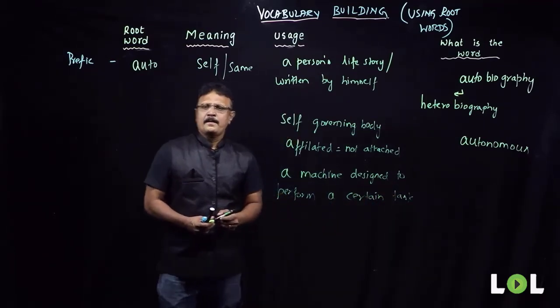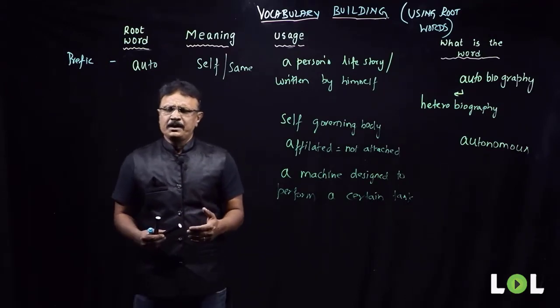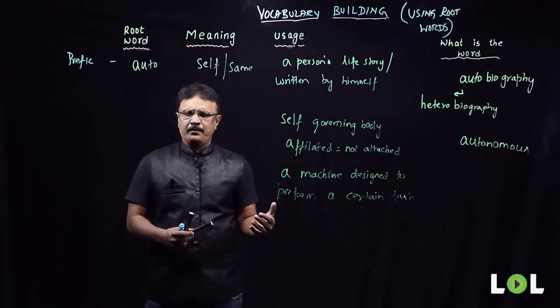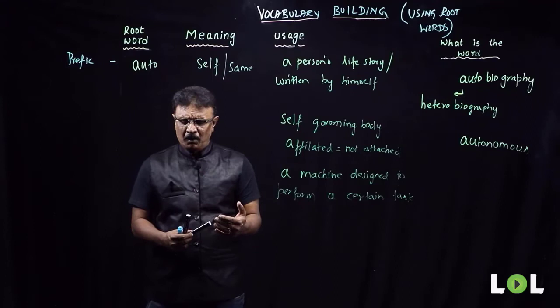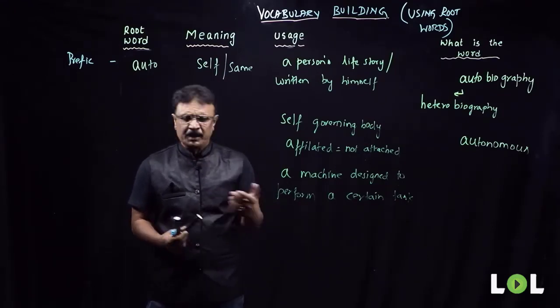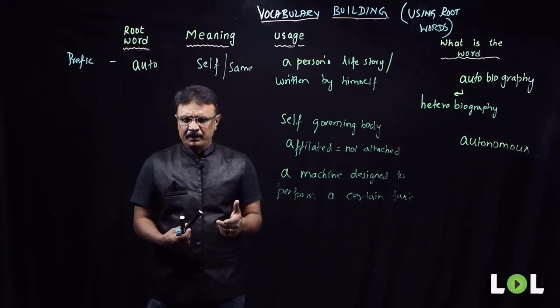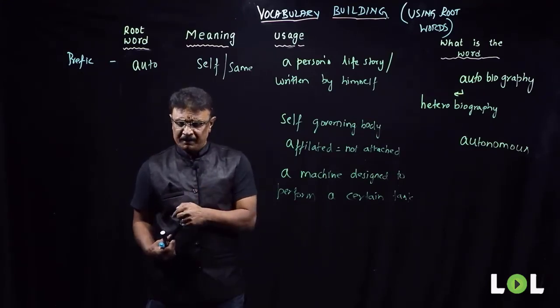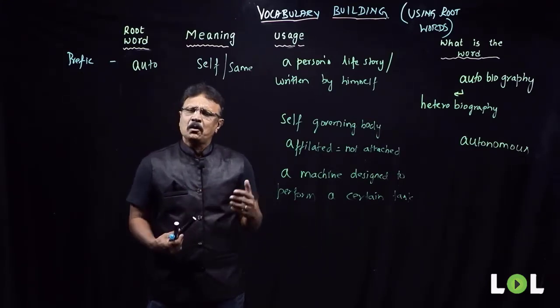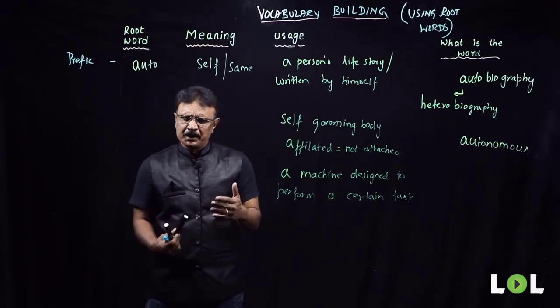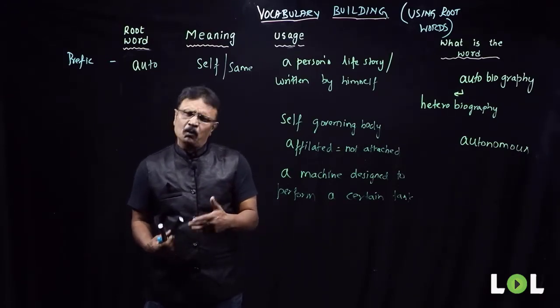Okay. See, most of the companies have machines to do work, and it's a computerized kind of machine which does the work. It's already fed. Okay, the input is fed there, and based on that, that particular machine performs its own task.